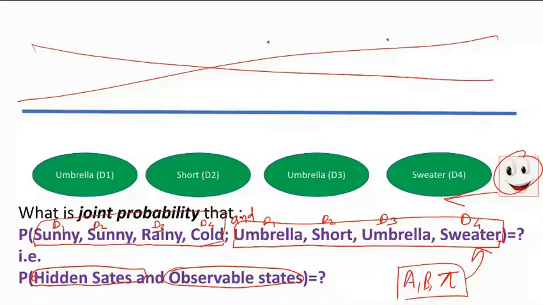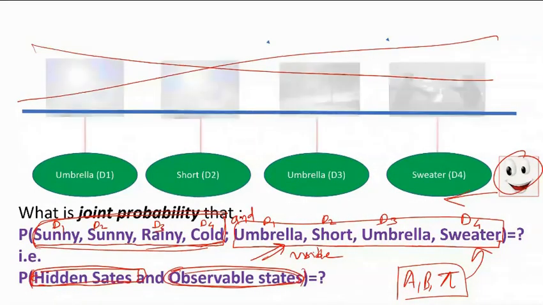These symbols are visible, we can observe them, but the states are not visible. But suppose I know them, then what is the joint probability of the hidden states and the observable states?